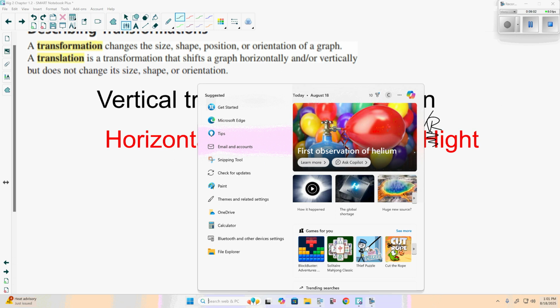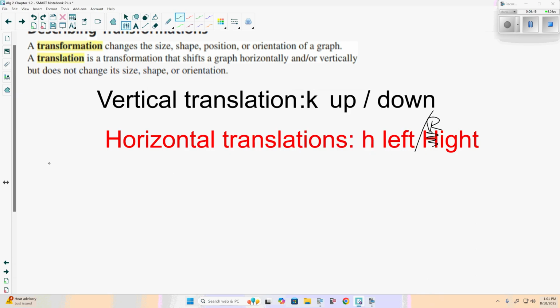Vertical translation is our K, and it's up or down. So if we have a number in place of H, inside the parentheses, inside the absolute value bars, and it's being added or subtracted from X, it's going to either move left or right.